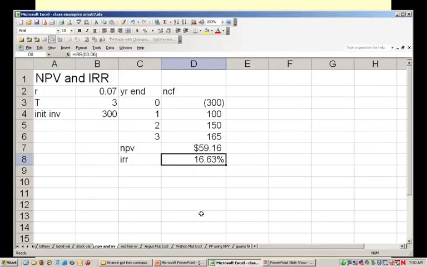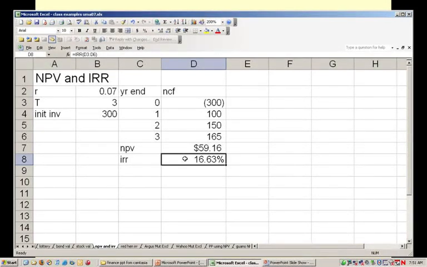Now let's talk about what this 16.63% IRR means. Implicit in this stream of cash flows, where we spend $300 in year 0 and we receive positive cash flows for the next 3 years, is that there is a 16.63% return on that investment. That's one interpretation.